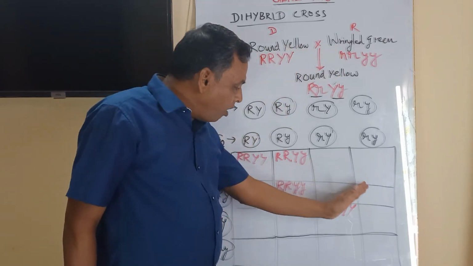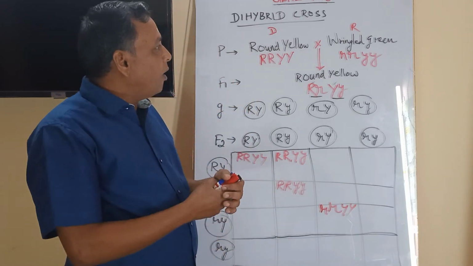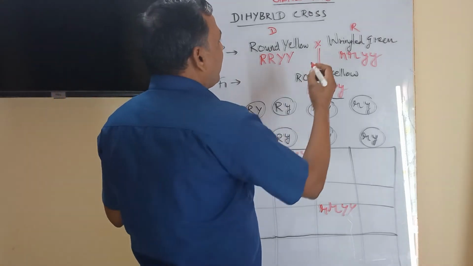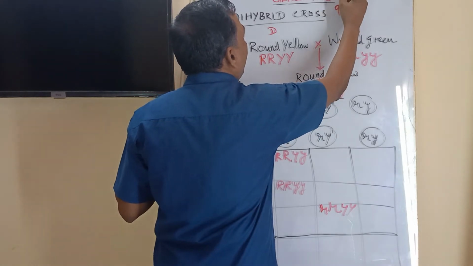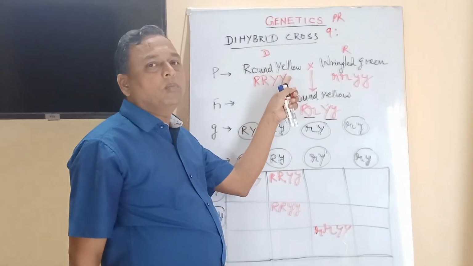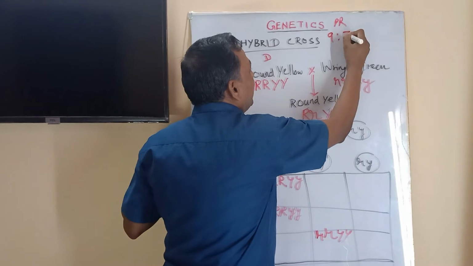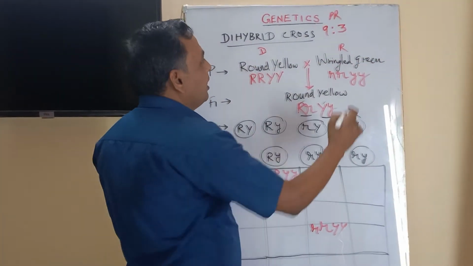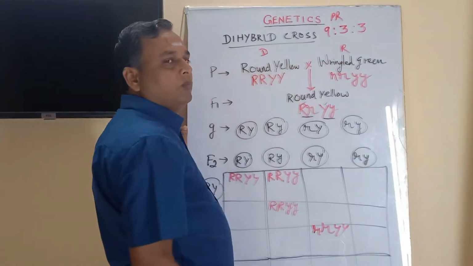If you fill all these, you will get 16 combinations, out of which 9 will be, shall I write here, visible? The phenotypic ratio: 9 will be the parental trait, round yellow. And 3 will be round with green. Another 3 will be wrinkled with yellow.